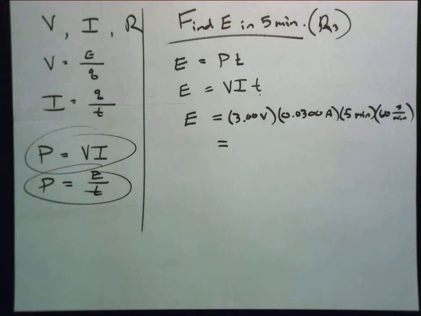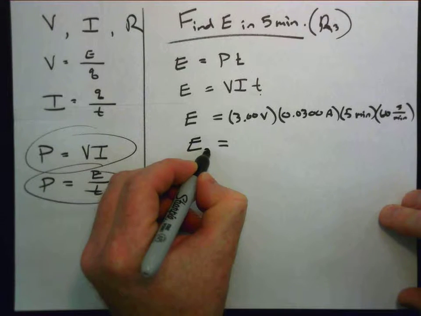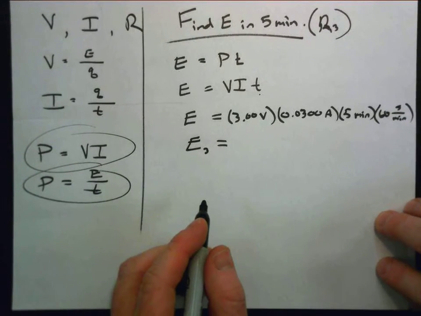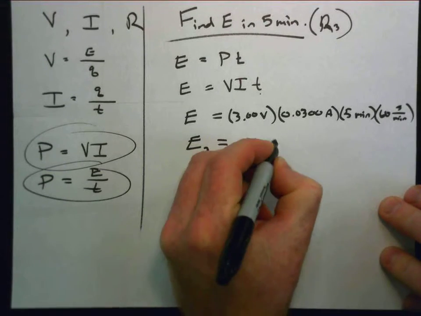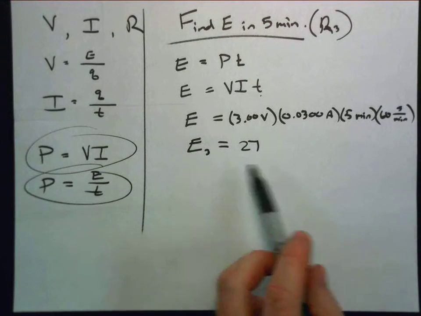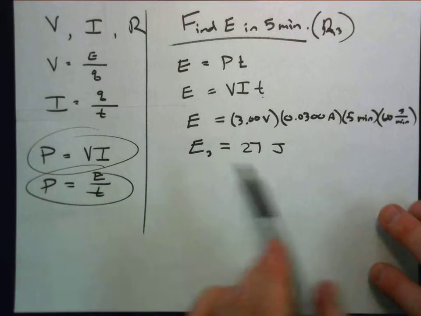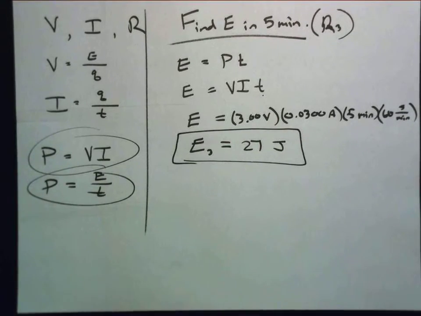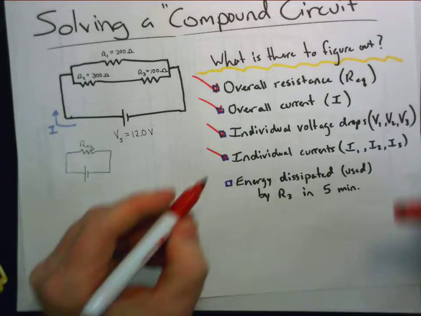And when I do this, I find that the energy across resistor 3 in 5 minutes time is, get out the handy dandy calculator, I get 27 what? What are the units on energy? That's always going to be joules. As long as you've got base SI units, it'll always be joules. That's how you do it. There's the answer. And so I can check that guy off as well.